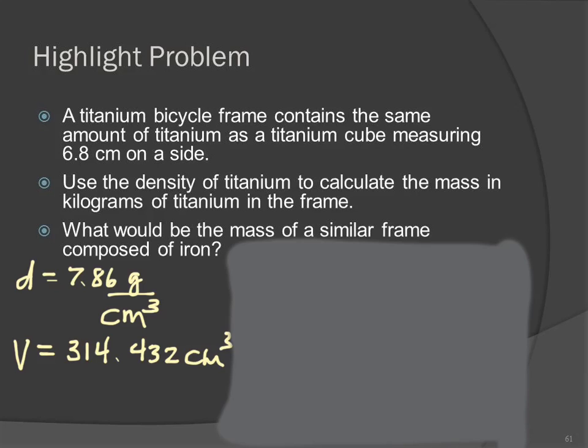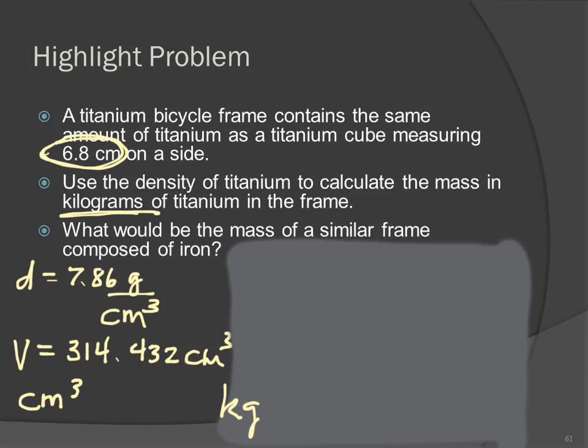So we have density, we have volume. We're going to start with the cubic centimeters. We want to end up with kilograms. So I'm kind of rehashing what we did the first time in case you didn't quite get it. We got the volume from this information up here.